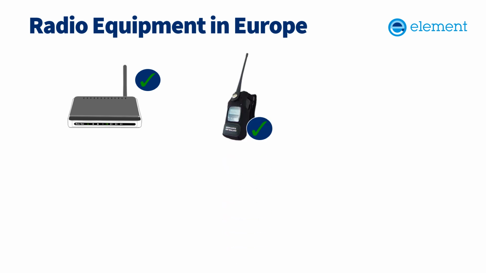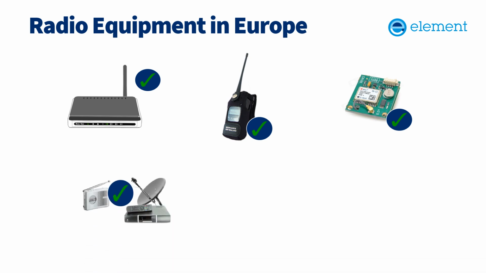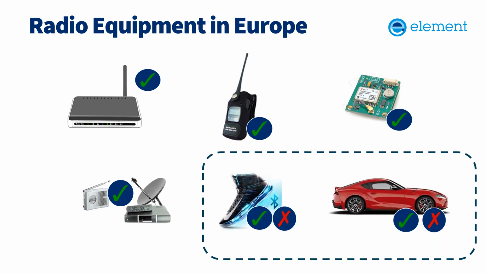So there's the classic Wi-Fi router, two-way radios, and radio products that you may argue look like a radio module, and we'll talk about that in a little bit more detail later on. Then broadcast equipment, whether that be AM, FM, DAB radio, as well as terrestrial or non-terrestrial satellite receivers like set-top boxes and dishes, those sorts of things.